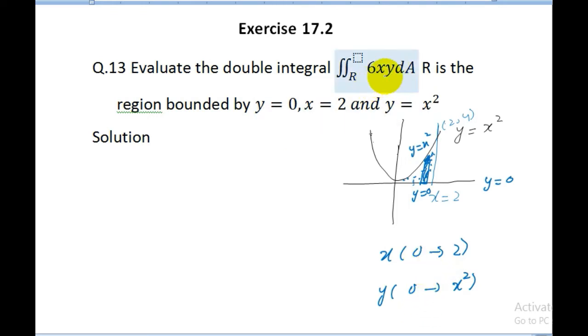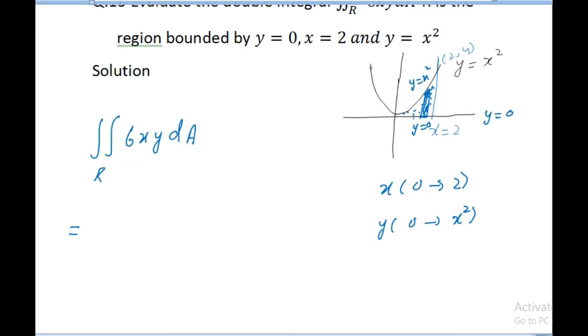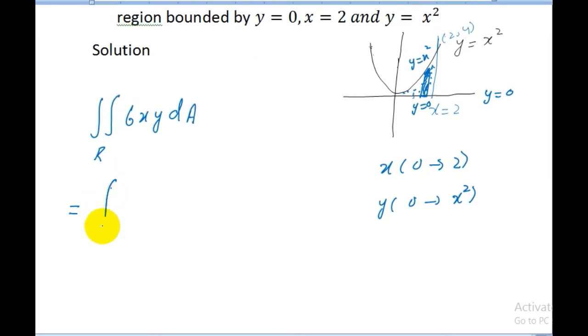So this double integral can be found as the double integration over the region R of 6xy dA, which is equal to the double integration where x varies from 0 to 2, and y varies from 0 to x square.